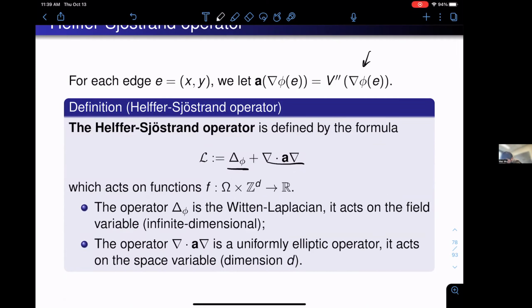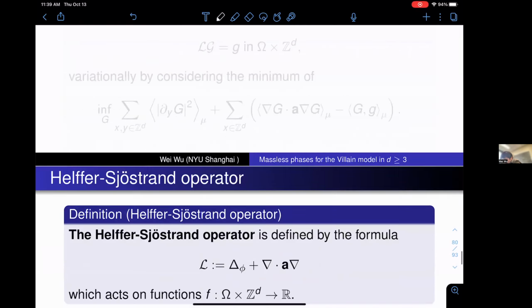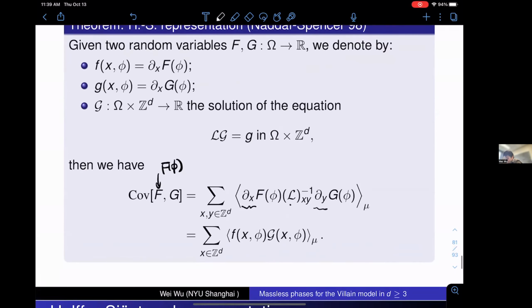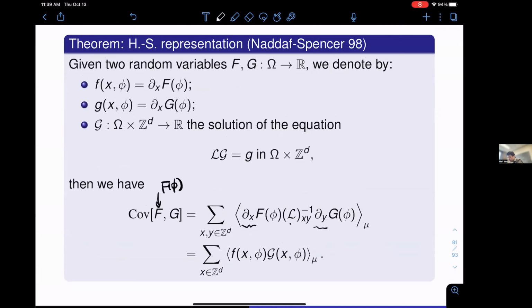So it gave us an infinite dimensional elliptic operator. Now let's get back to this Helffer-Sjöstrand representation. A very special case, as we would see, is that if you're just interested in the covariance of phi x and phi y, these two become delta functions. So that just gave you some kind of annealed Green's function corresponding to this operator, right?